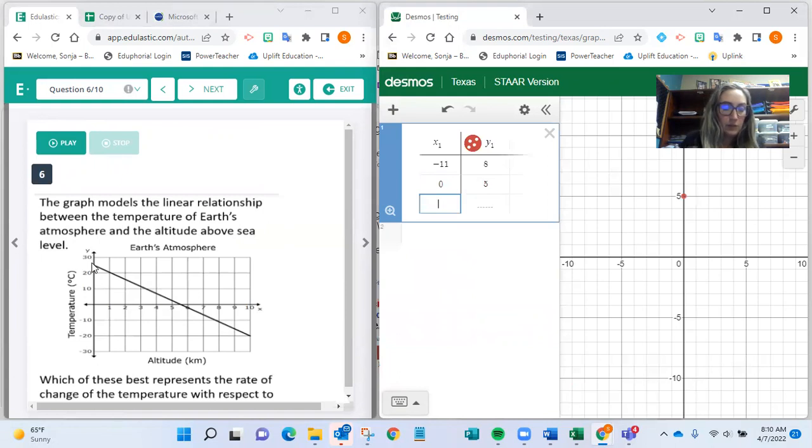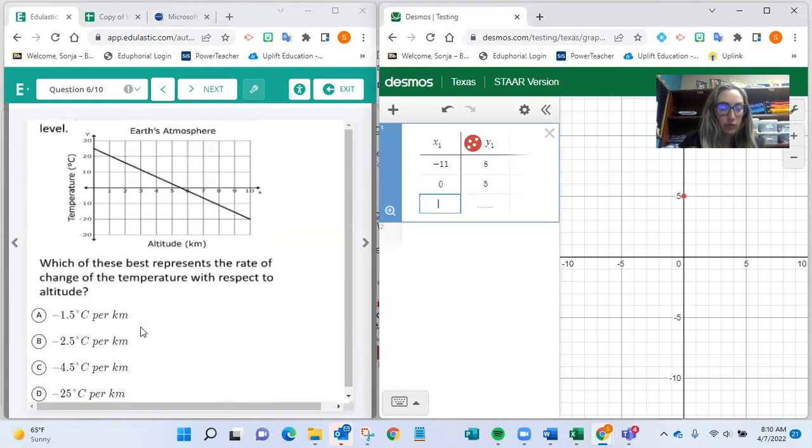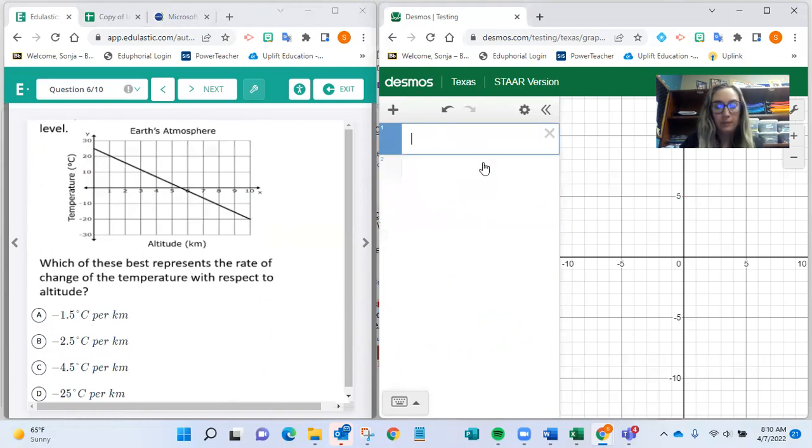So if I have a graph, you can still get just the change of y, change of x. So for every 1, this is going down approximately like 5, I'd say. But I can also find 2 points in the graph, like 2 ordered pairs. So for example, in this one, I'm going to use the ordered pair when x is 1, y is 20.